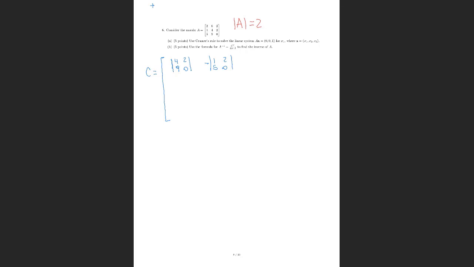So to keep track of whether you should put a negative in front or not, you can remember it by creating a little picture, which I'm going to do up here. Start with a plus sign for the first entry. And then I'm going to alternate sign along the column. After that, I'll alternate sign along each row.